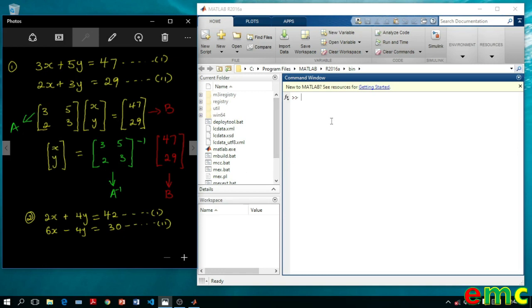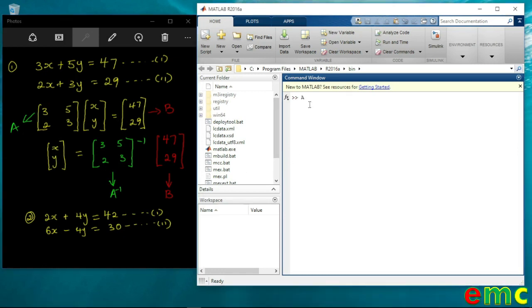In inputting our values, we have matrix A equal to, I open my matrix, 3 space 5 semicolon. This semicolon is telling Matlab to move to the next line. So I have 2 space 3. I close my matrix.